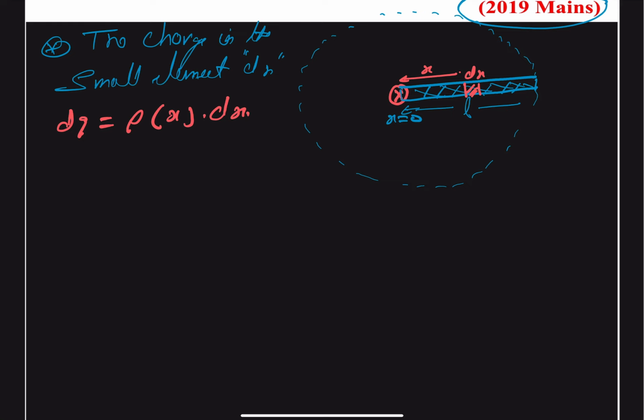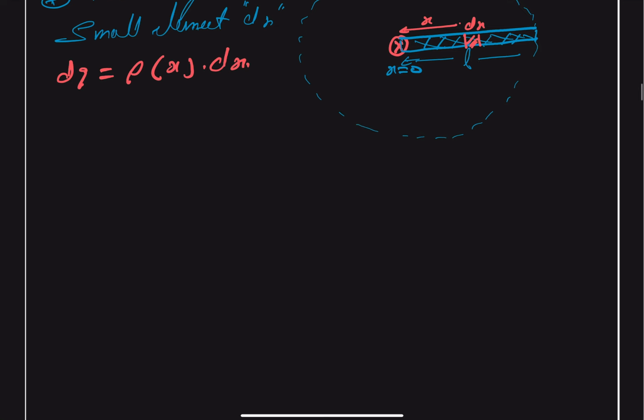We substitute the formula for our charge density. We get this as rho naught x upon L times dx. So this is our small charge in the element dx.